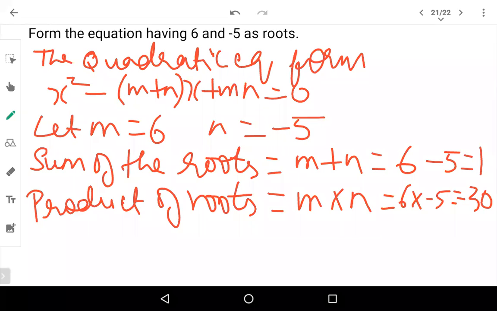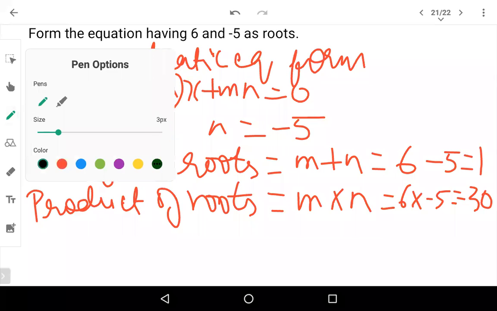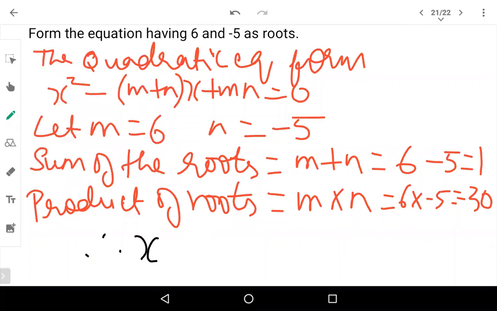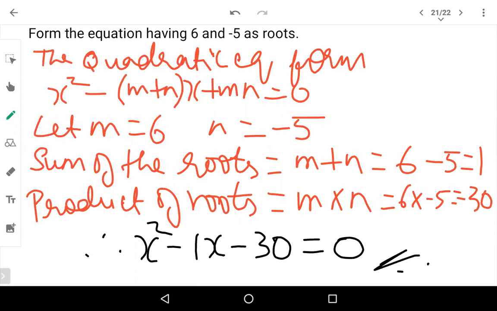Correct? So, therefore, x square minus (m plus n is 1)x and m into n is minus 30 is equal to 0. This is going to be our equation. Any doubts? Did everyone understand?